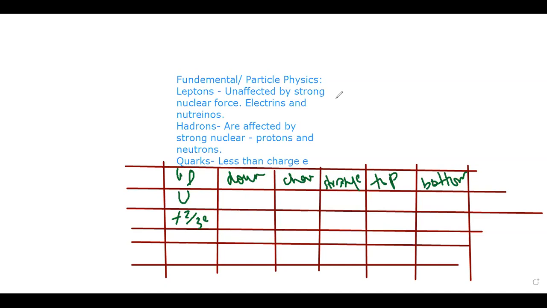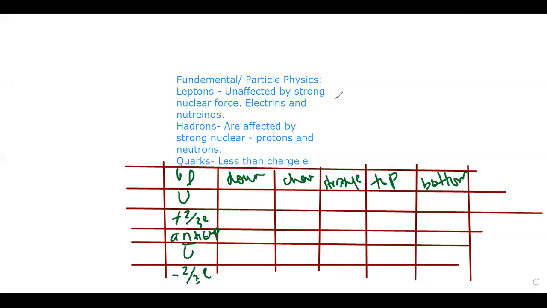Remember, each quark has an anti-quark, so the anti-quark is anti-up. The symbol of anti-up is a U with a dash on top, and the charge on the anti-up is minus 2 upon 3 E.